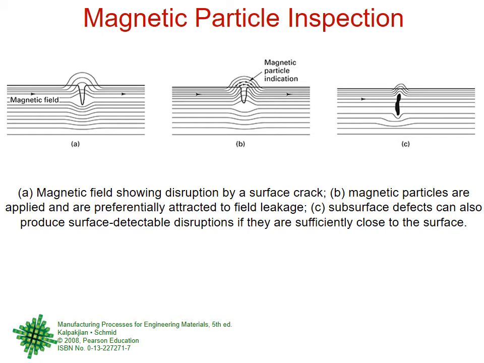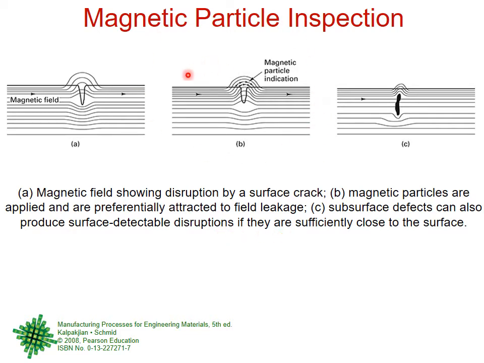This is magnetic particle inspection. If you see in A, B, and C, the magnetic field is showing disruption by a surface crack. See, there is a magnetic field, but whenever there is a crack, it is disturbed. So magnetic particles are applied and preferentially attracted to the field leakage, and subsurface defects can also produce surface detectable disruptions.